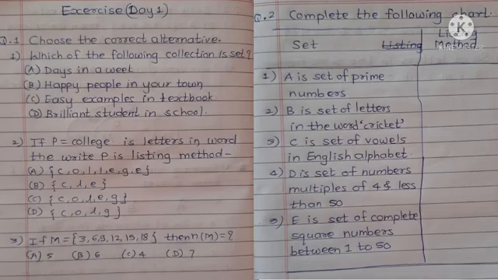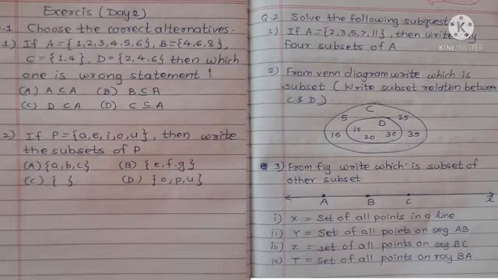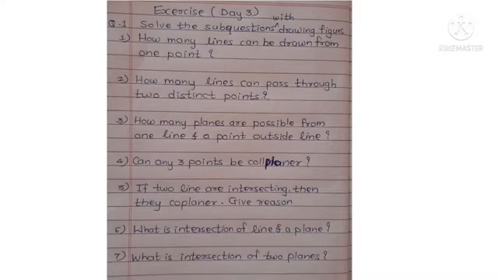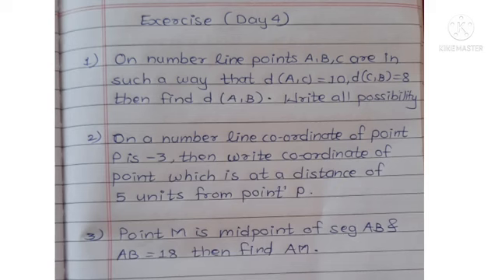Students, solve the exercise of day first, then the day second exercise is given. Similarly for day third and day fourth, write all these exercises in your notebook, and if any difficulty is there, discuss with me. Okay, thank you.